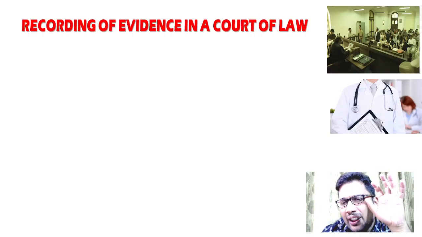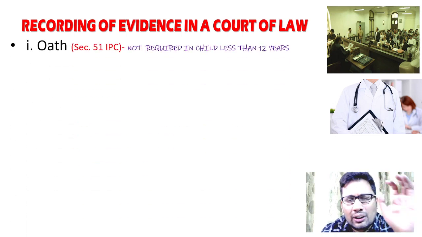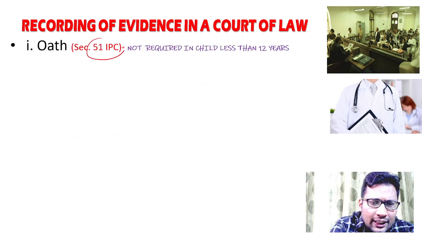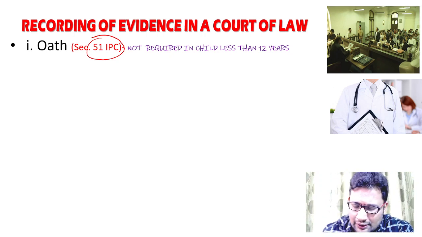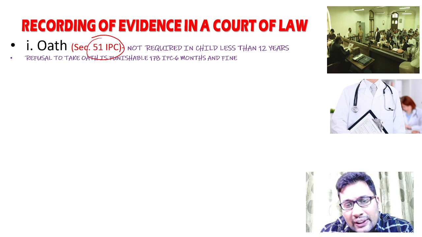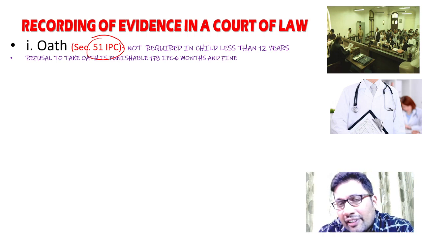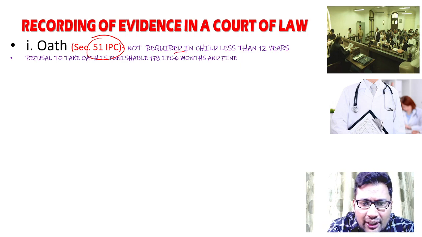Recording of evidence in a court of law. The first step will be the oath. The oath comes under 51 IPC. But remember, this is not required in a child less than 12 years. And it is punishable. The refusal to take oath is punishable under 178 IPC, Indian Penal Code, with 6 months and a fine.